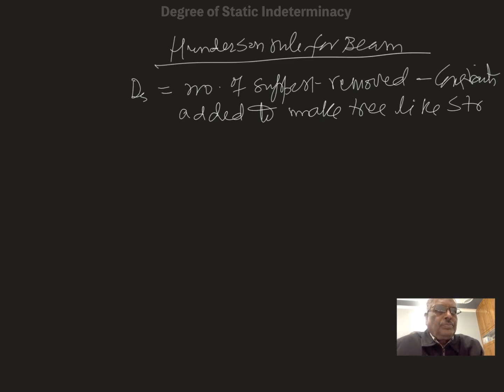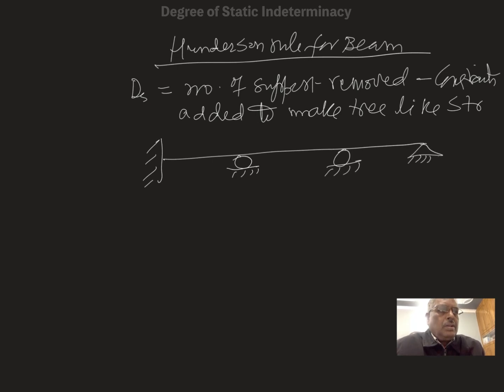So suppose there is a beam. This is fixed, this is roller, and roller, and simply supported. So how many reactions are there? There is R1, R2, R3, R4.